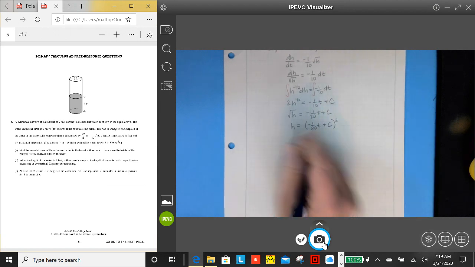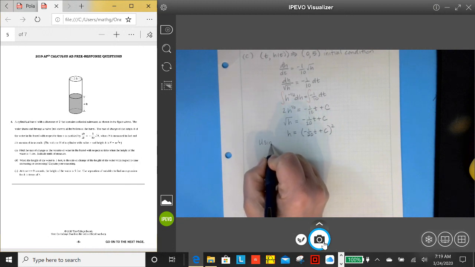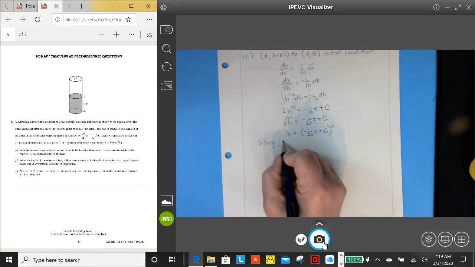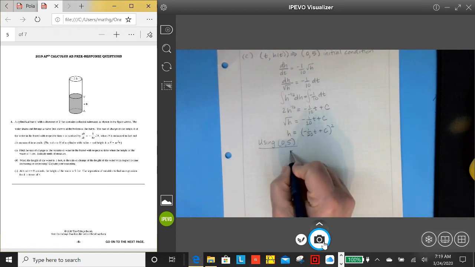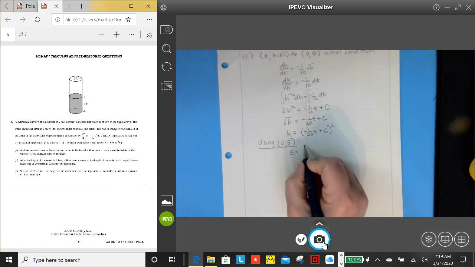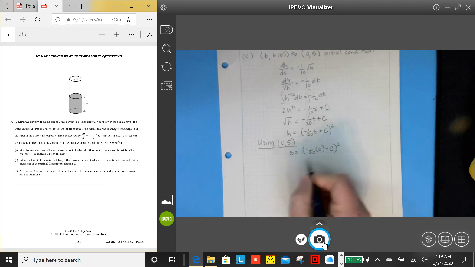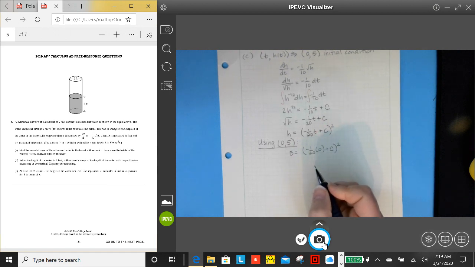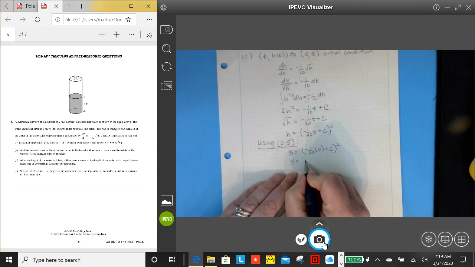And now I'm going to use my initial condition. So I'm going to say using 0, 5, I can say 5 equals negative 1/20 times 0 plus c, quantity squared, which is really nice, because this goes to 0, and I get 5 equals c squared.